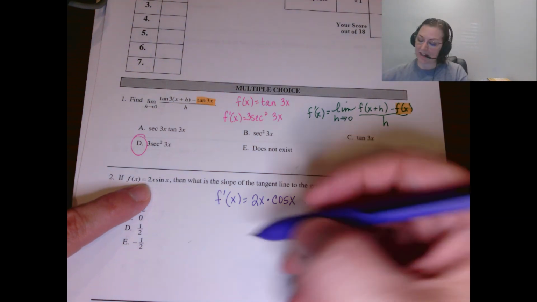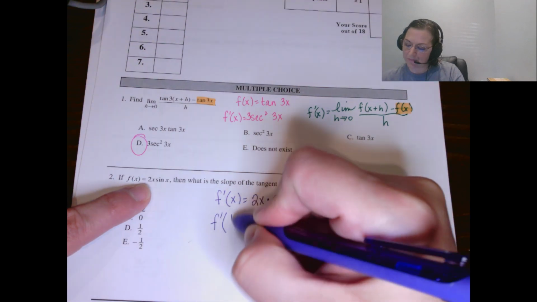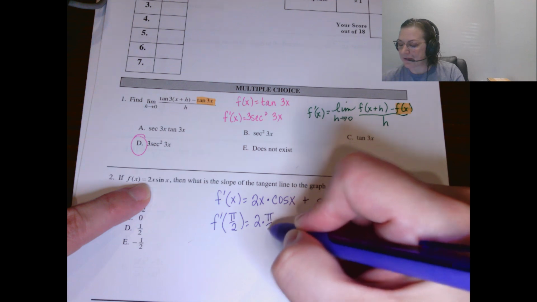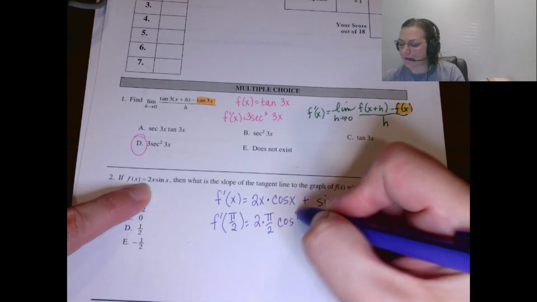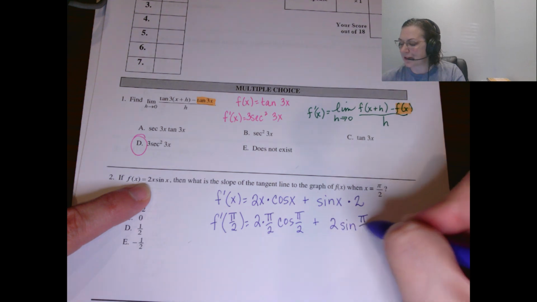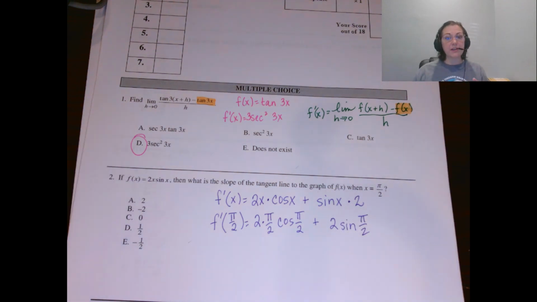Now we're going to plug in pi over 2. So we get 2 times pi over 2 times cosine of pi over 2 plus 2 times sine of pi over 2.